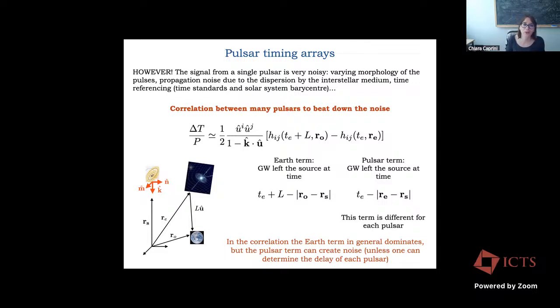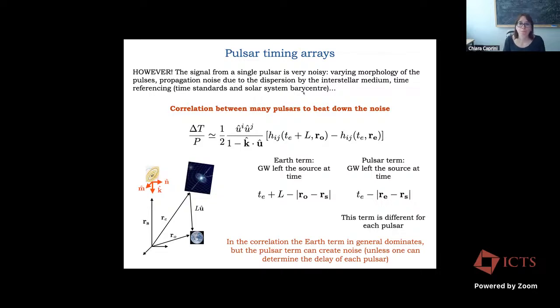One needs to correlate between many pulsars to beat down all these noise sources. Of course, some are uncorrelated between different pulsars. Some are correlated. For example, the errors arising from the time standards and the solar system barycenter will be the same for all the pulsar network.